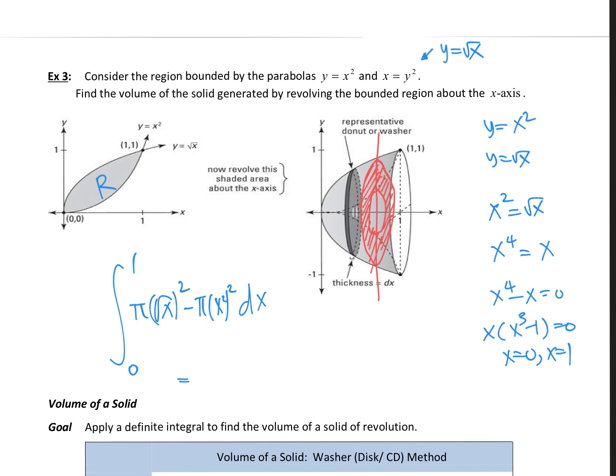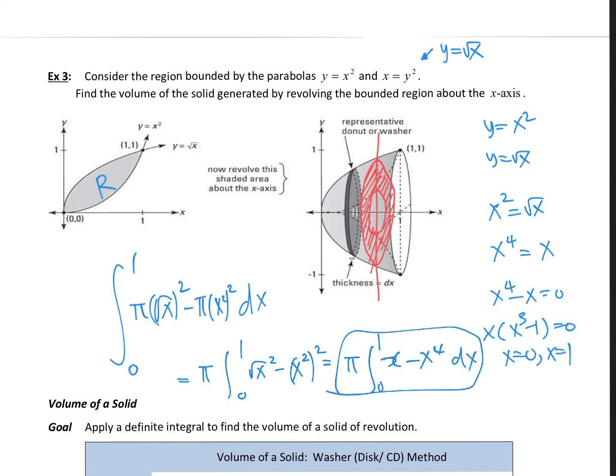You can factor out pi, 0 to 1, radical x squared minus x squared. So pi, 0 to 1, x minus x to the 4th dx. This is how I'll set it up. And if you finish this, you get 3 pi over 10 as an answer.